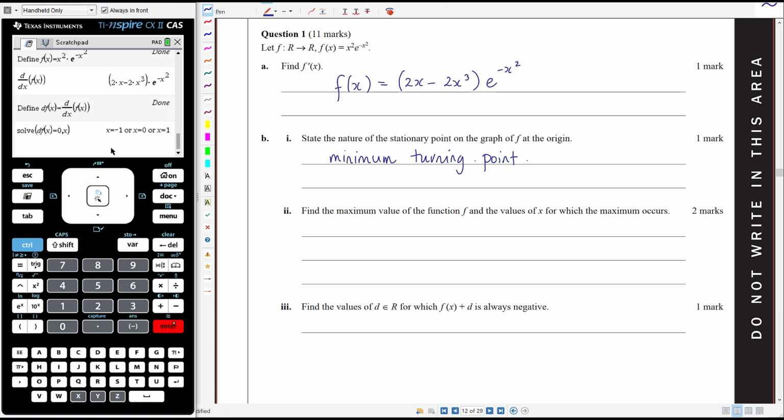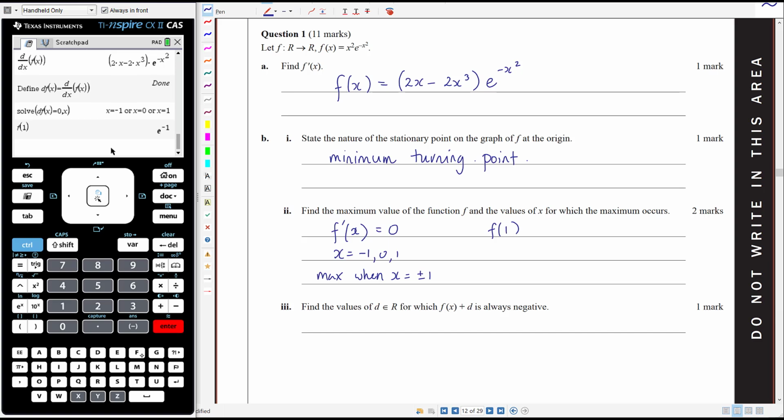We get x equals negative 1, 0 and 1, okay, and we already know that it's a minimum point at 0. So f dash x equals 0 tells us x equals negative 1, 0 or 1. And we know there's a max when x equals plus or minus 1. So let's work out f of 1. You might want to just check it's the same for f of negative 1.